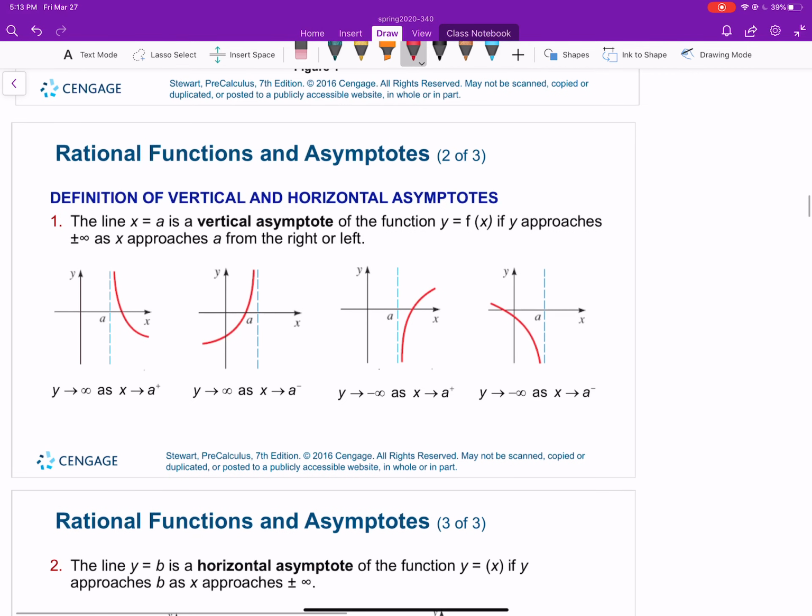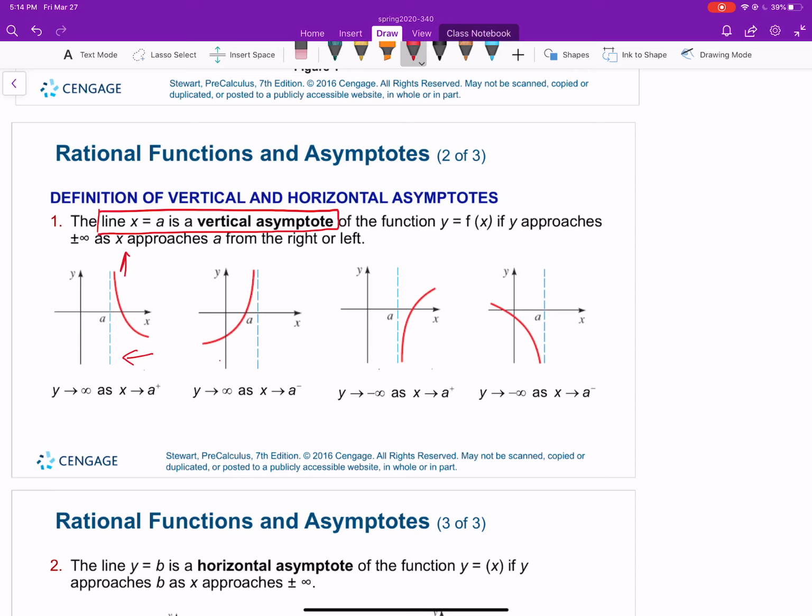The first one is a vertical asymptote. So we are saying that the line x equal to a is a vertical asymptote if y approaches positive or negative infinity as x approaches a from the left or the right. So if you think about it, if you're coming from the right of a, you're going in this direction.